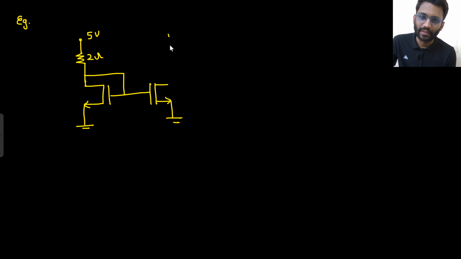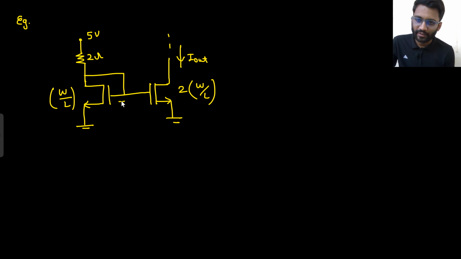There will be some circuitry ahead, forget about it. If this has W by L, this has 2 into W by L, and this is your I out. This potential is given, that is equal to 1 volt.